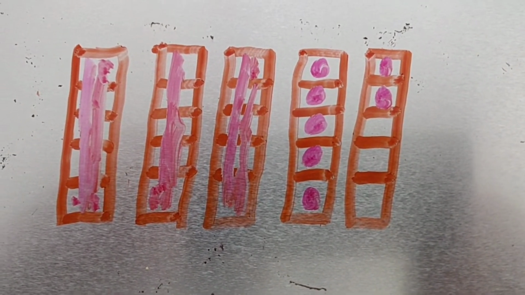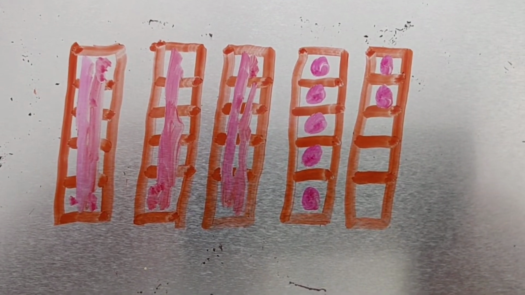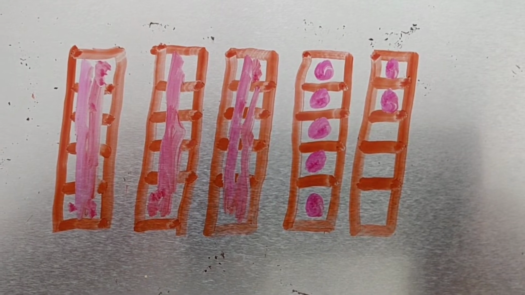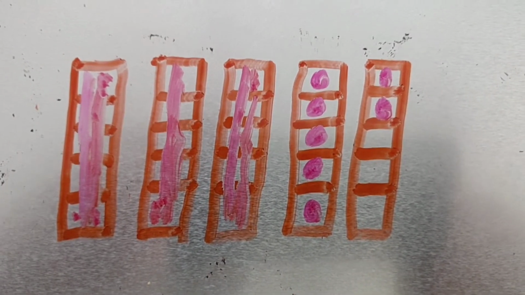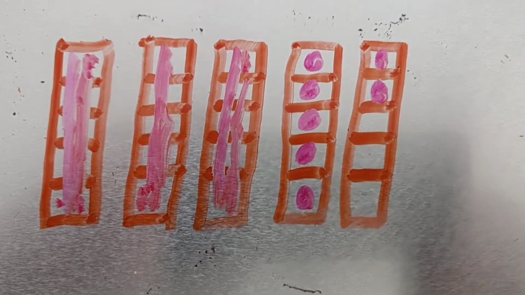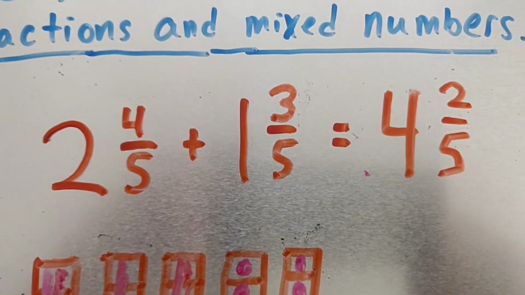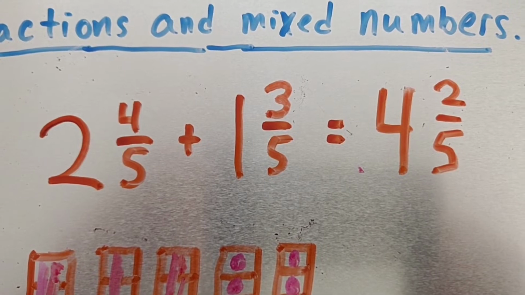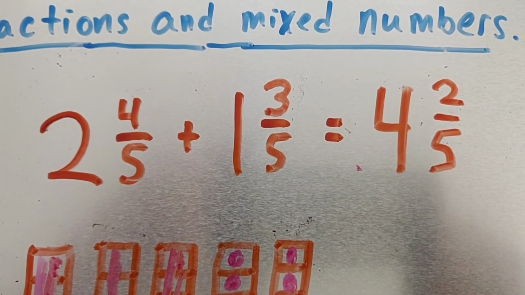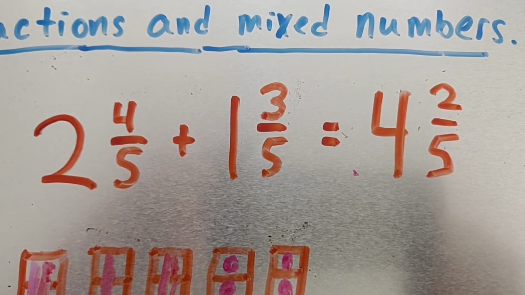So look at that 5-part whole and how many parts are shaded in all the way on the right. What fraction is that? That's right, it's 2/5. So we have 4 wholes and another 2/5, which is the mixed number 4 and 2/5. So 2 and 4/5 plus 1 and 3/5 is 4 and 2/5.